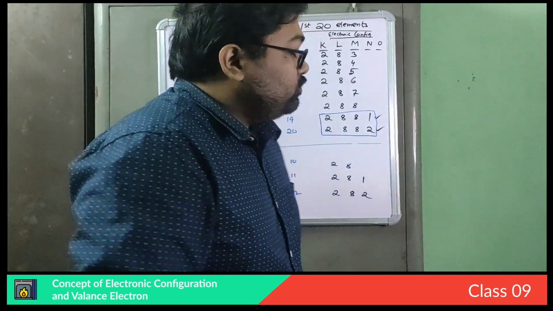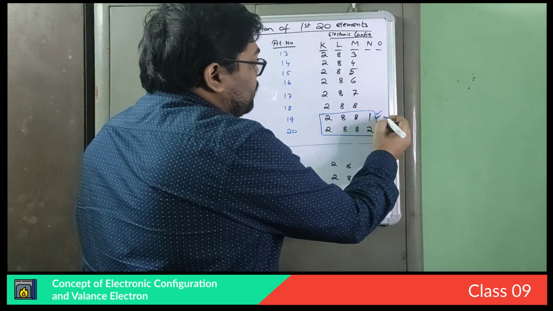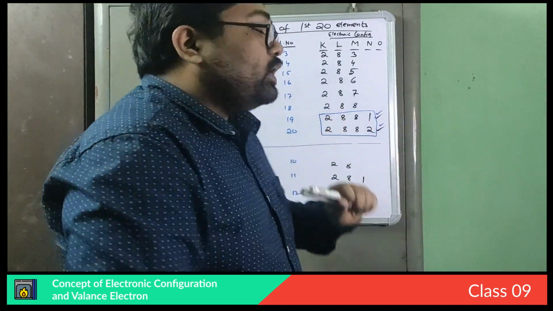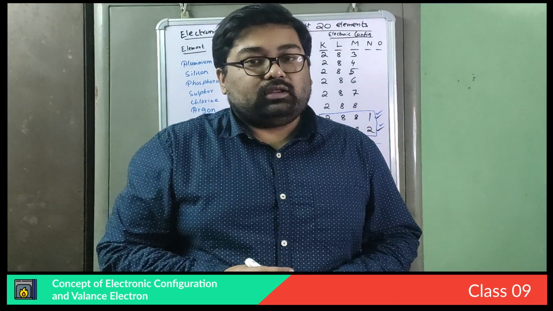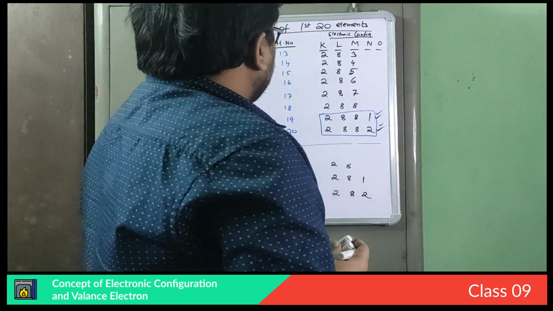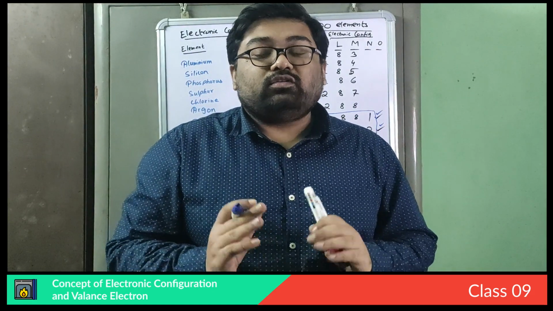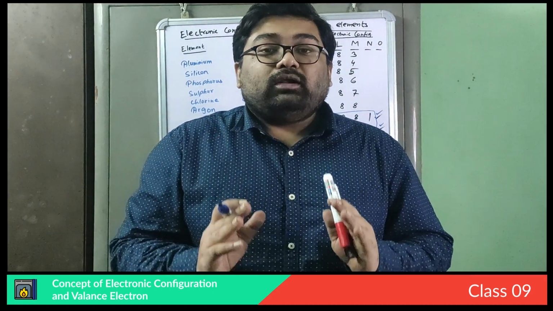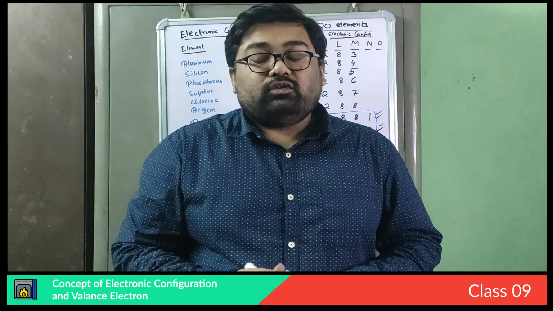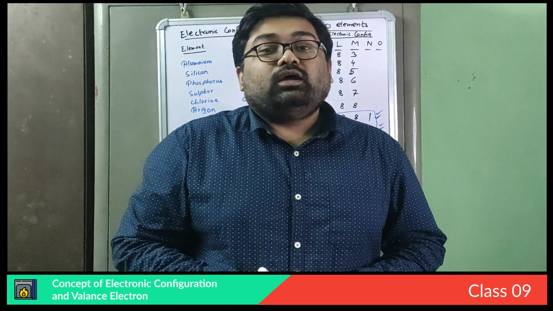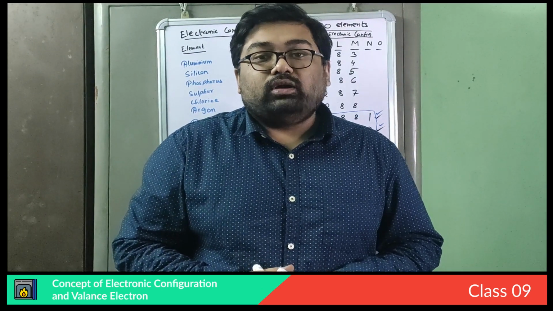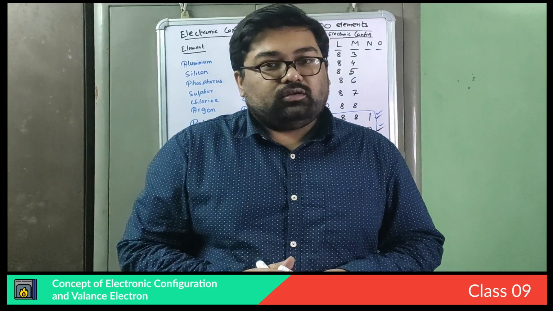For now, you just have to know that the configurations will be like this, not 2, 8, 9 or 2, 8, 10, right? So I think you have understood how to determine the electronic configurations. You just have to keep in mind the Bohr-Bury rule, that is the 2n square rule, that is how many electrons you can accommodate in a particular shell, right?